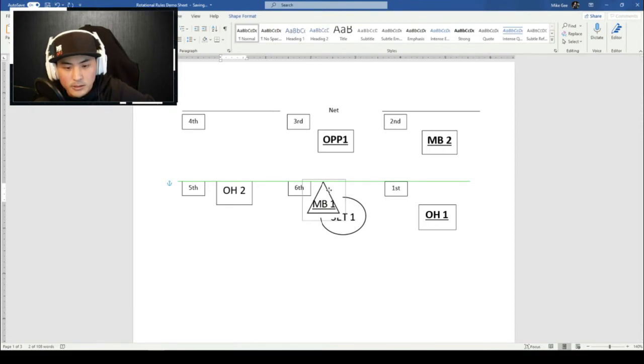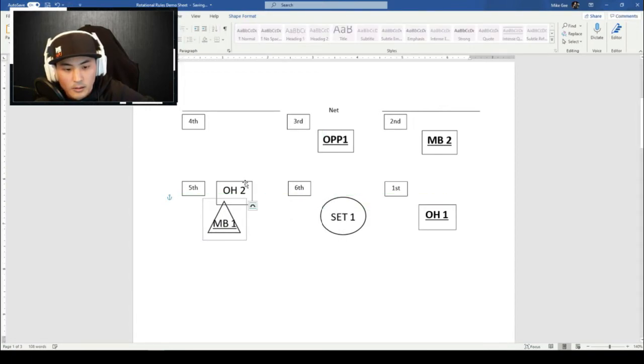But the rule, and this green line right now is helpful, this green line is telling us that the fourth in line to serve, the OH2, must have her feet on the floor closer to the center line than this MB1, or this, probably the triangle represents the libero.